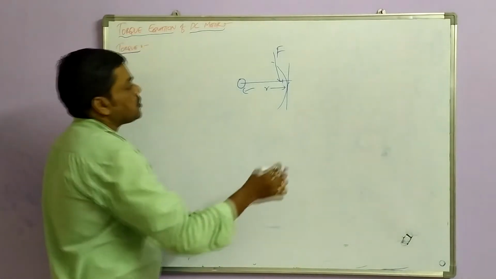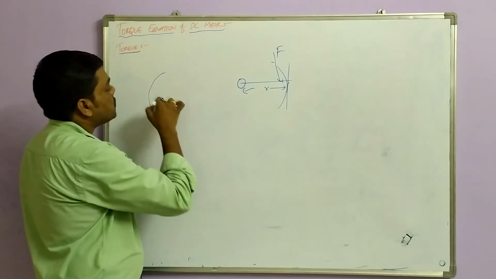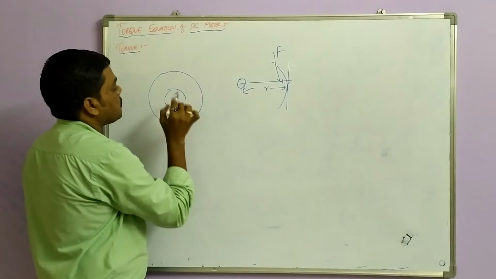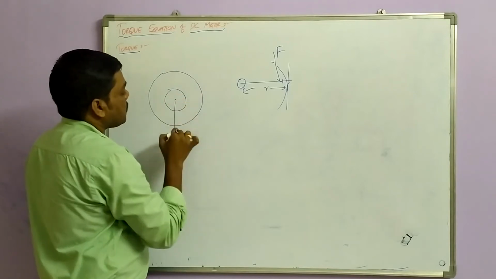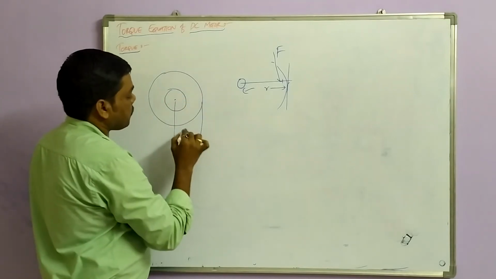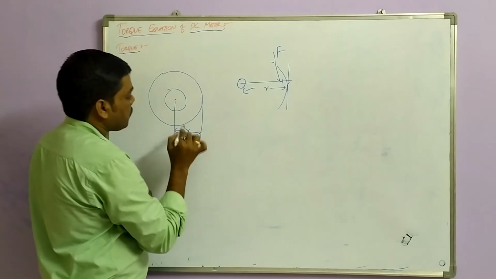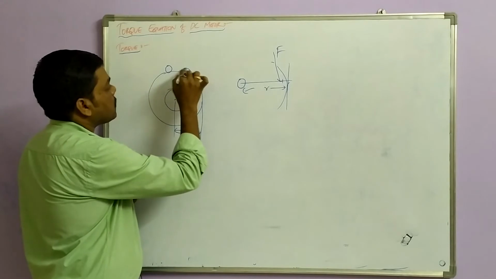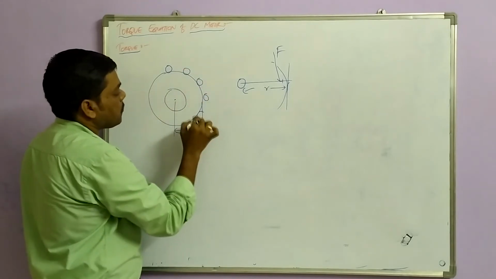If you take the armature, this is the shaft, this is the radius, and these are the conductors placed here.